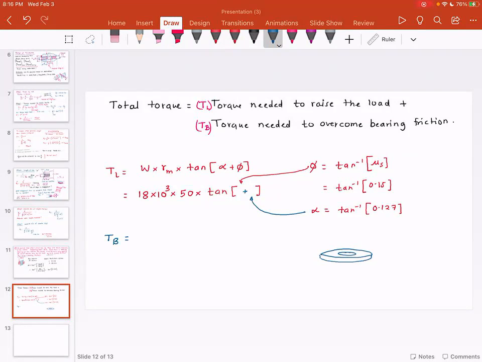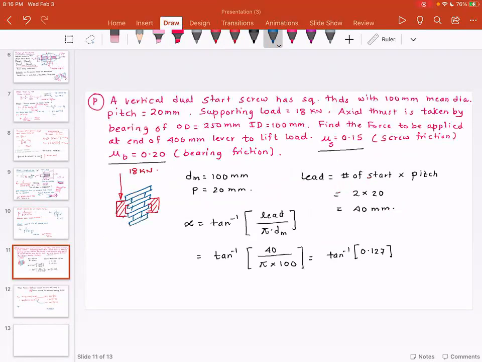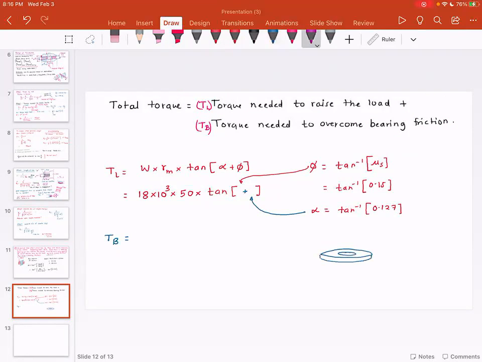This sleeve has the inner diameter, which is 100 millimeter, and the outer diameter 250 millimeter.